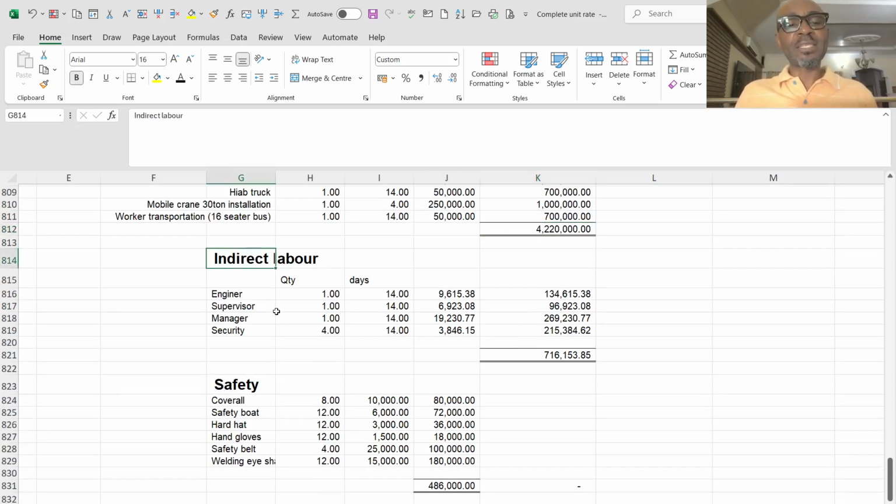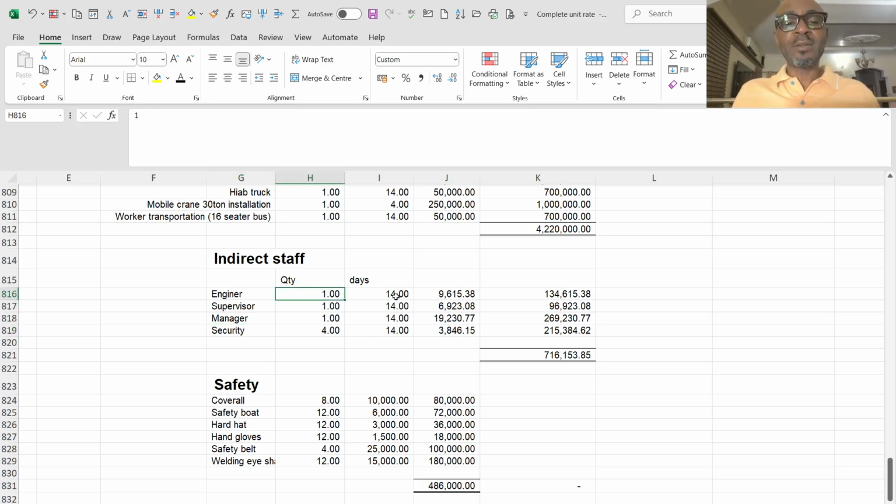Then your indirect staff: your engineer, supervisor, manager, security. You can go on and on depending on the complexity of the project and the kind of personnel that you need to make the project a success.